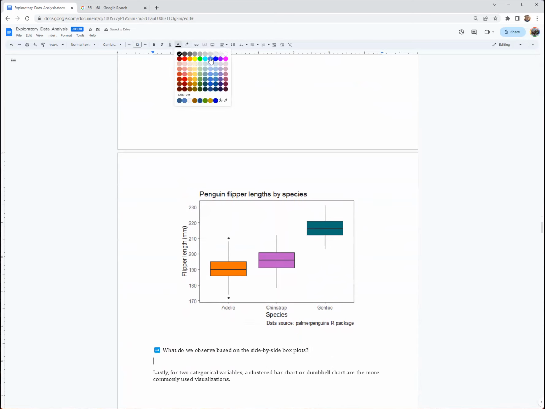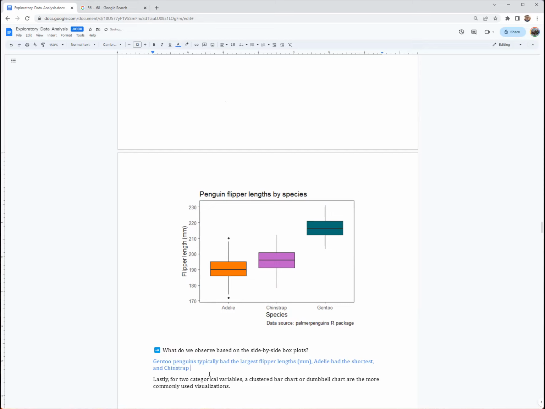So based on these box plots, we have that Gentoo penguins. So that's what we can note.